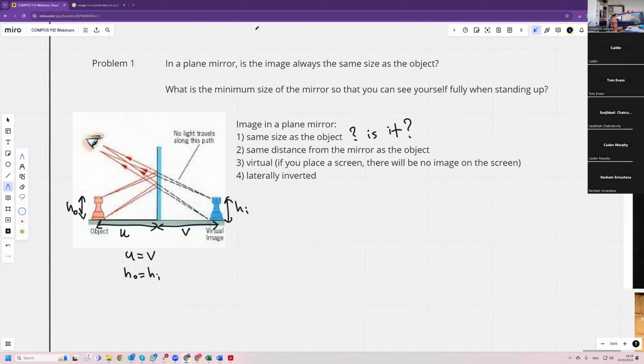Doesn't that contradict that the image has to be the same size as the actual object? Well, it's not. I know the people living in that house and they're normal sized people. They do drive a ridiculous car, but that's not the point.